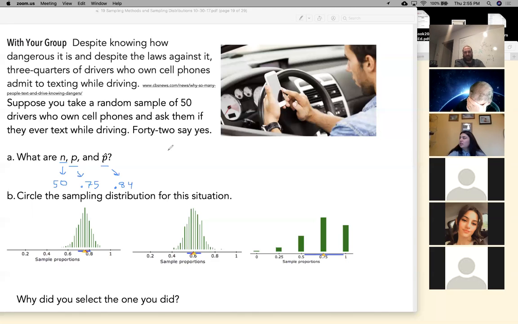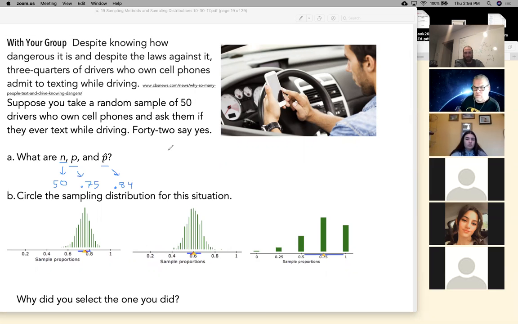We expect that the sampling distribution should be centered at the true value of the parameter. The true value of the parameter is 0.75. Which of these is centered at 0.75?